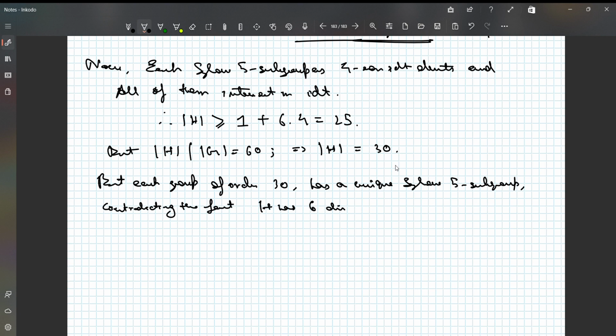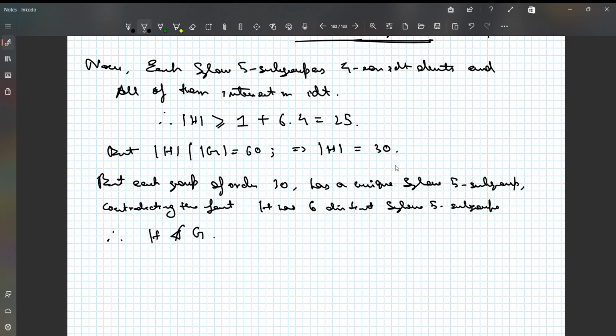Therefore, H cannot be normal in G when it's non-trivial, right?